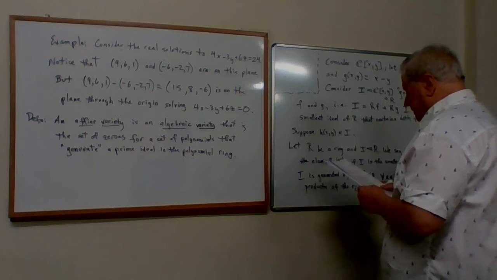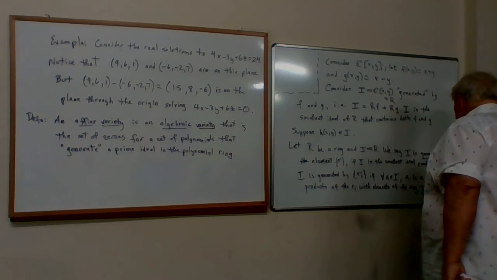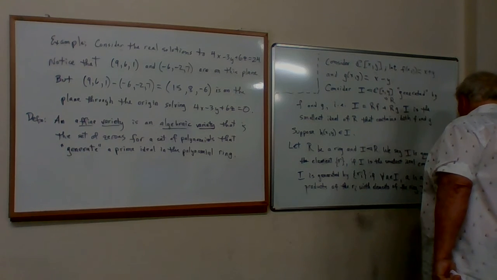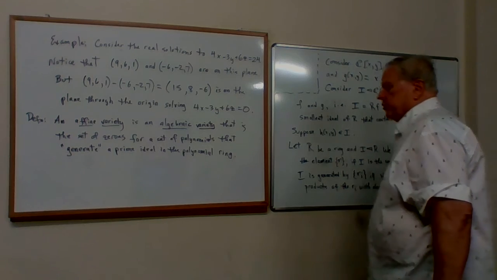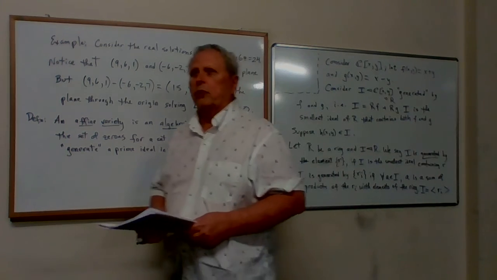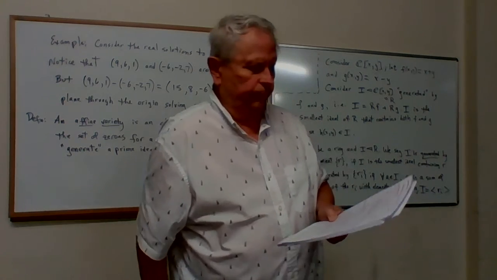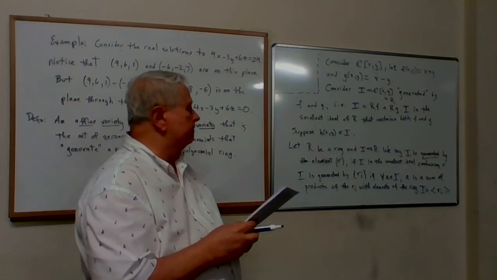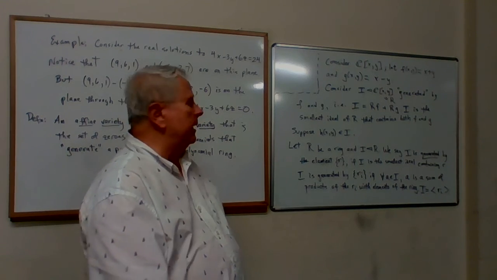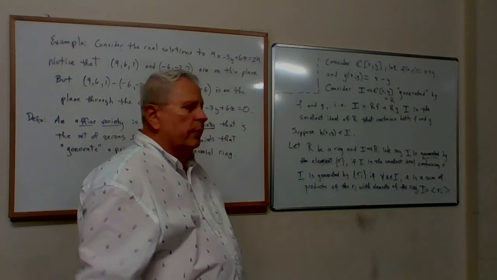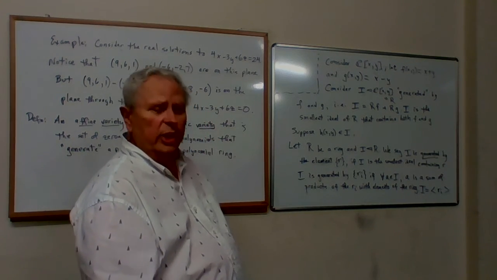And the way we write that is that I is equal to the ideal generated by the r sub i. We use those wedges for generated by. If there are finitely many of the r sub i's that generate the entire ideal I, we say that I is finitely generated.